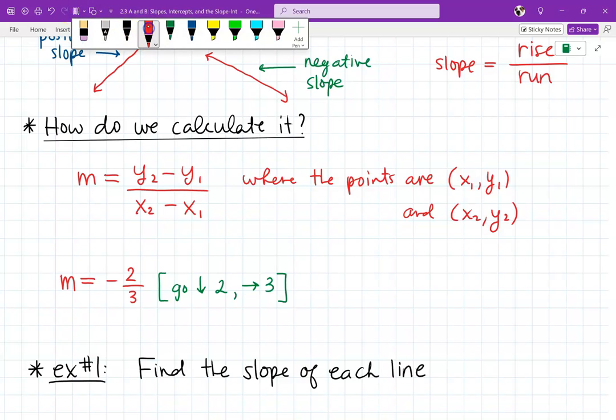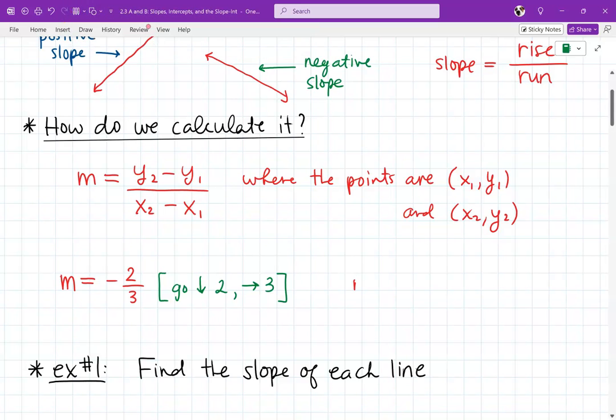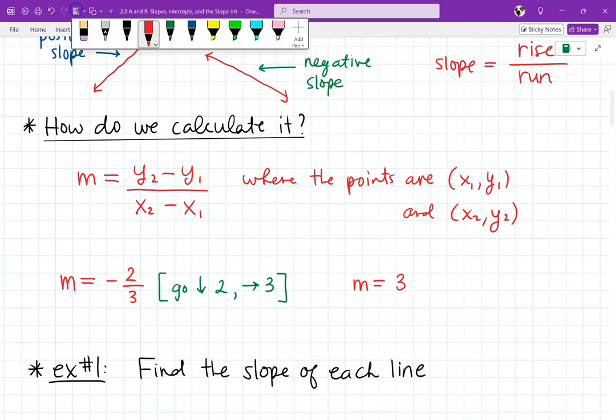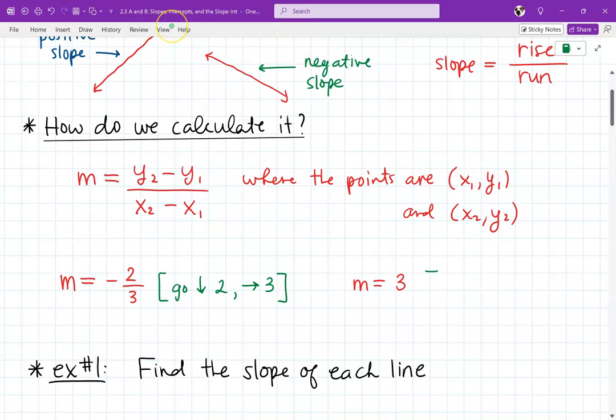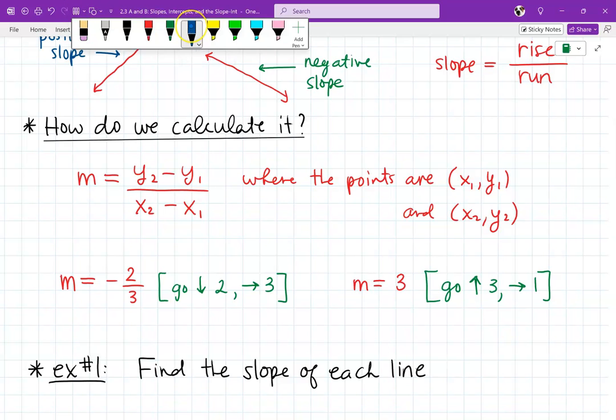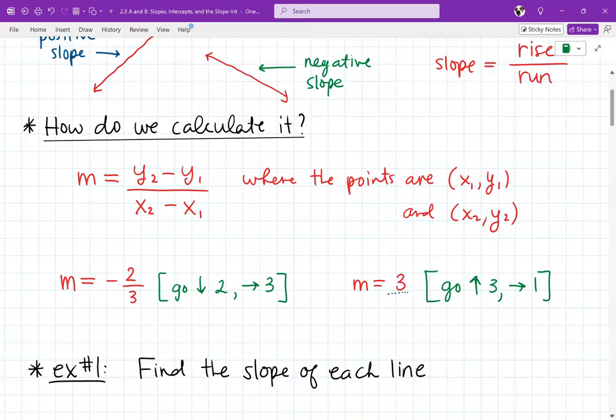So, for example, let's see if you guys remember. What if I tell you my slope is just a +3? So I have to go up 3 and to the right how many times? 1, right? If you don't see a fraction, it's there.